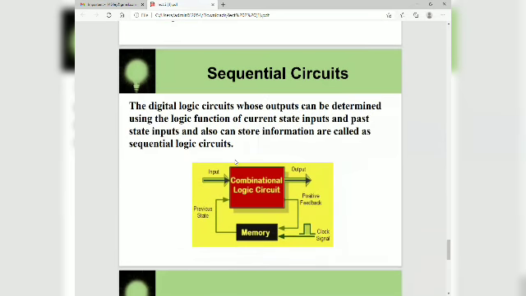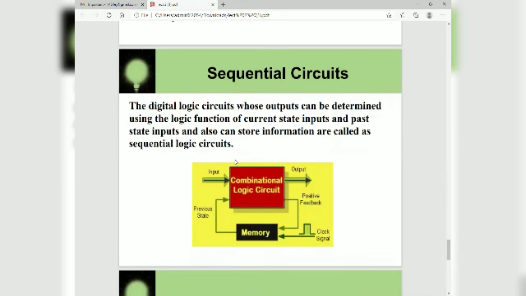Our second type of circuit is the sequential circuit. The definition of a sequential circuit is a digital logic circuit whose output can be determined using the logic function of current state inputs and past state inputs, and which can also store information.